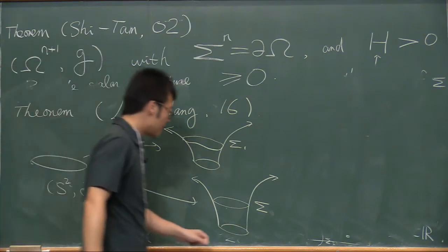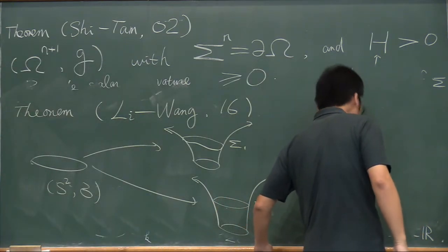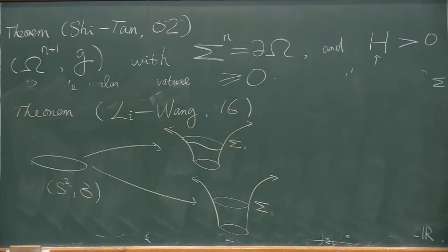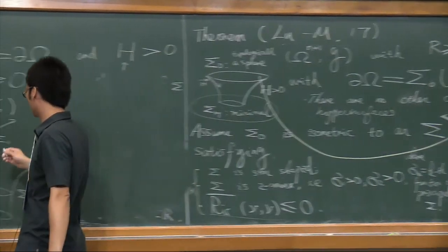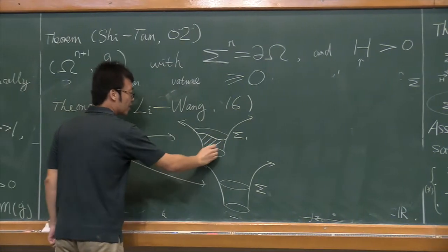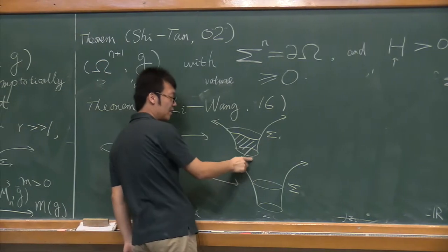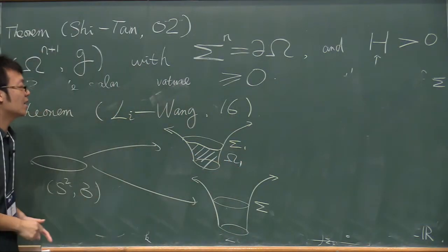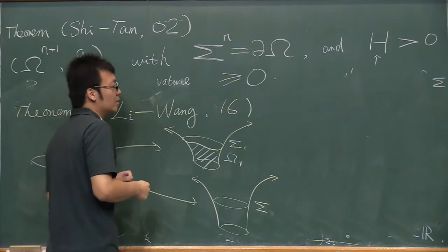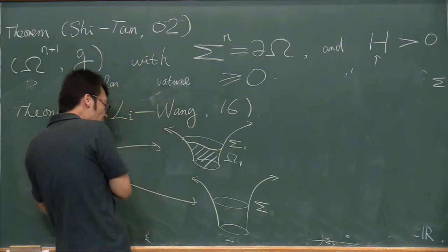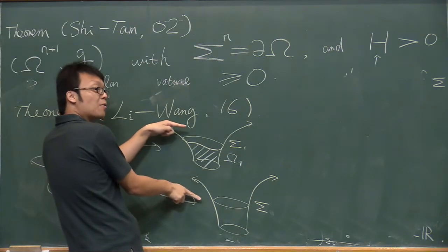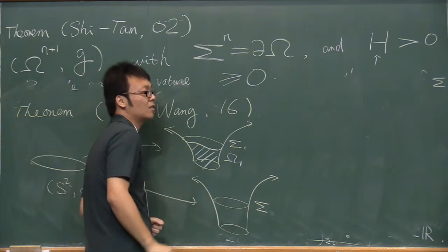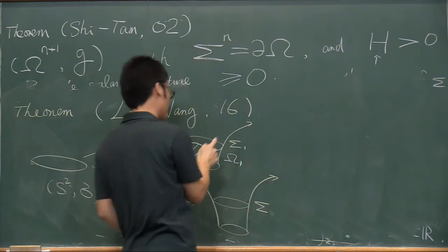Okay, now the application of this theorem is we can apply this inequality to the domain bounded by sigma 1 and this horizon. Let's call this omega 1. Suppose you start with these two isometric embeddings, one is round, and apply the inequality to this omega 1.